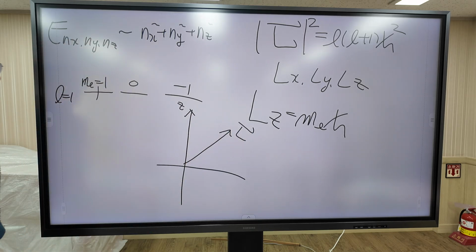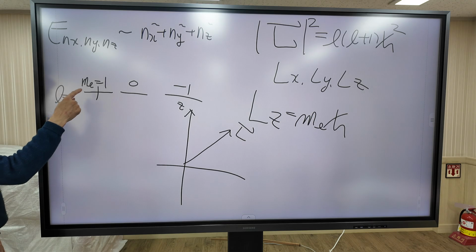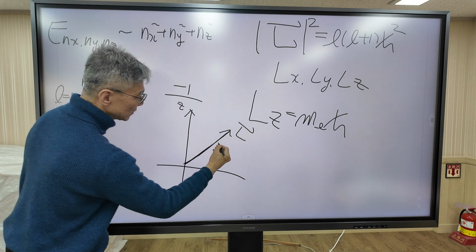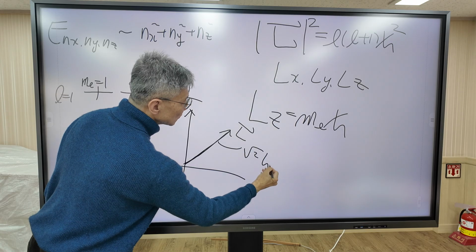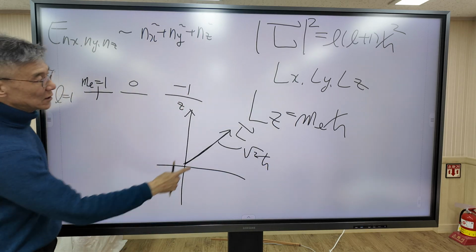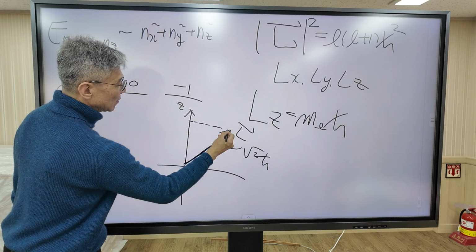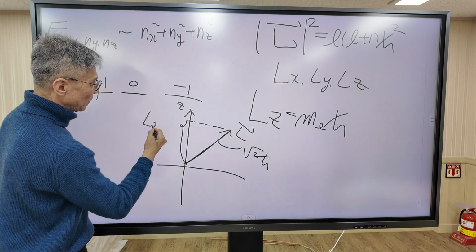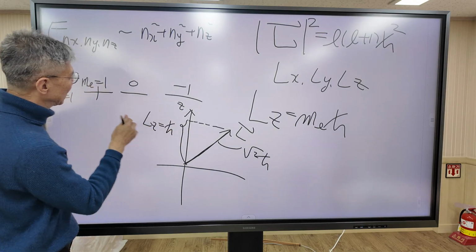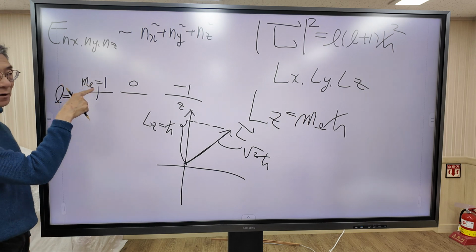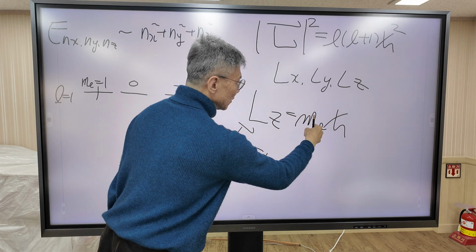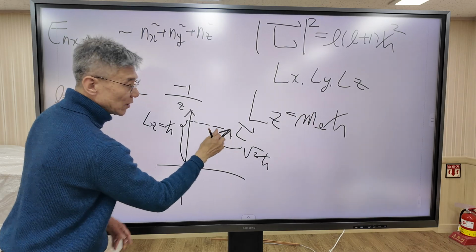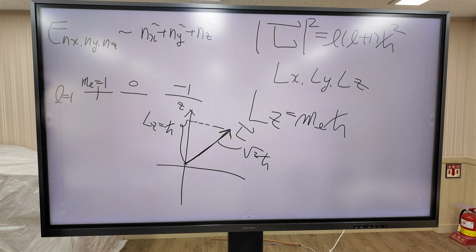This is the angular momentum vector for the electron in this state. The magnitude of this angular momentum vector is square root 2 h bar, and the z component, which is the projection onto the z-axis, this is Lz, equals h bar, because ML equals 1.